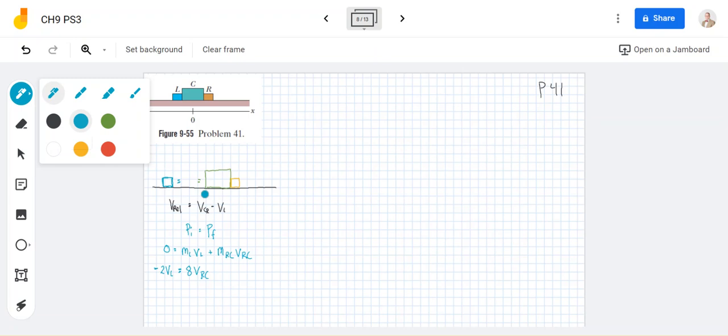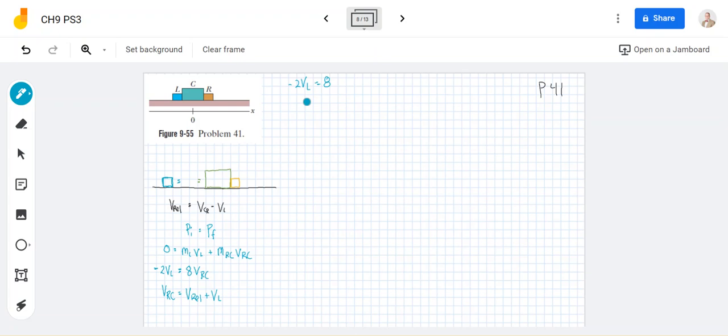Looking at this equation, VRC is going to be V relative plus VL. I'm going to substitute this in, so I have negative 2 VL is equal to 8 times the relative velocity plus VL.